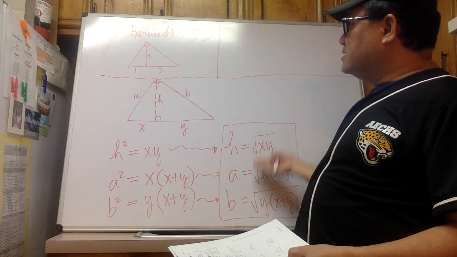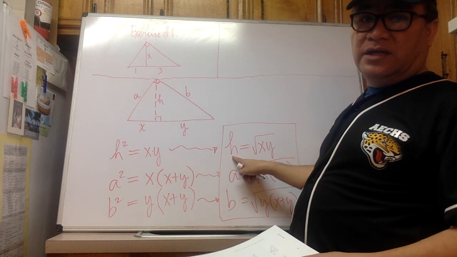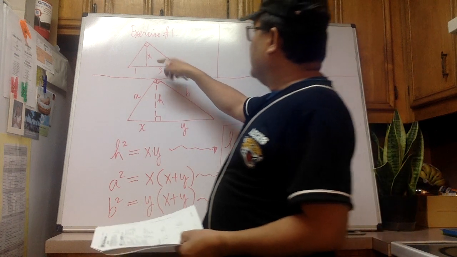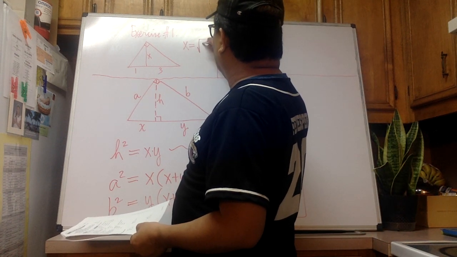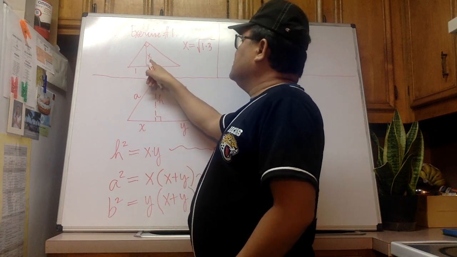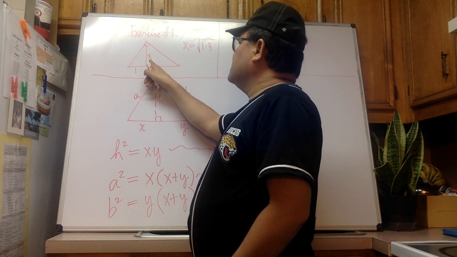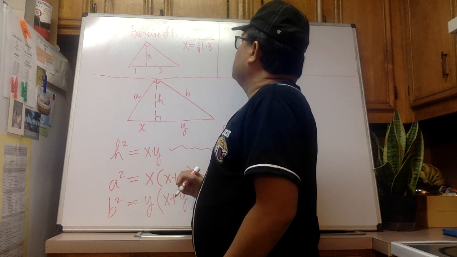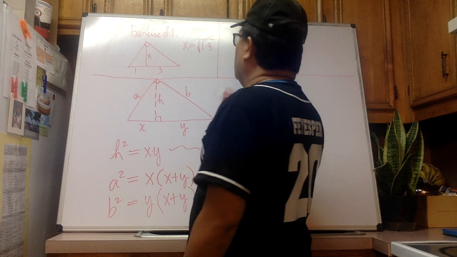Which formula do you think applies to that one? It's the one with the altitude, right? So according to this formula, x here is just equal to the square root of 1 times 3, or the altitude is the geometric mean. The altitude x is the geometric mean of 1 and 3. So to find the geometric mean, you multiply and take the square root, right?